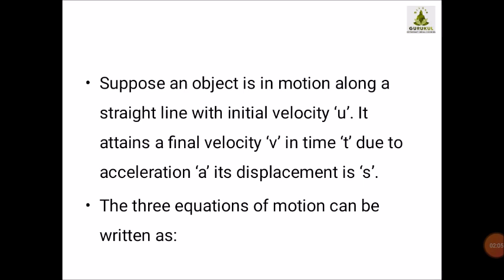The velocity when you sat in that vehicle is the initial velocity, denoted by the English alphabet small u, and the velocity when you reach the school is the final velocity, denoted by small v. The time taken to reach the school is denoted by small t. Acceleration is denoted by small a, and displacement is denoted by small s.